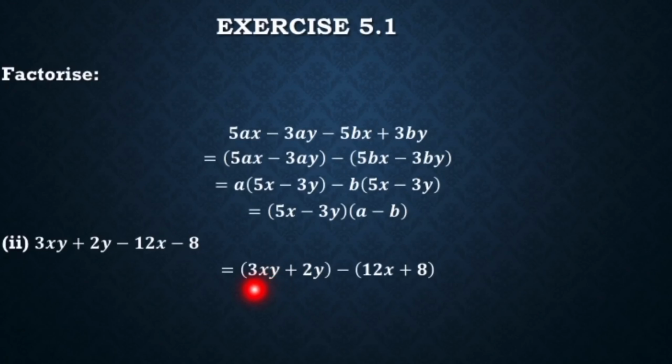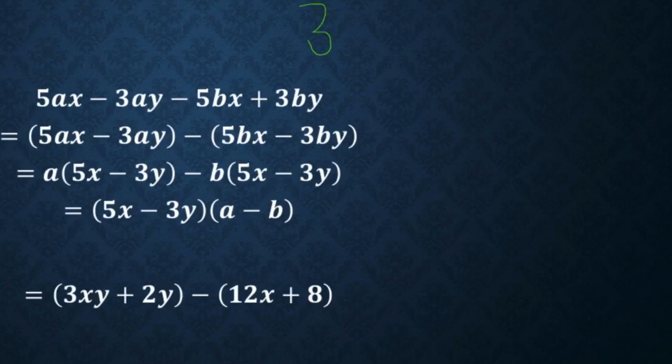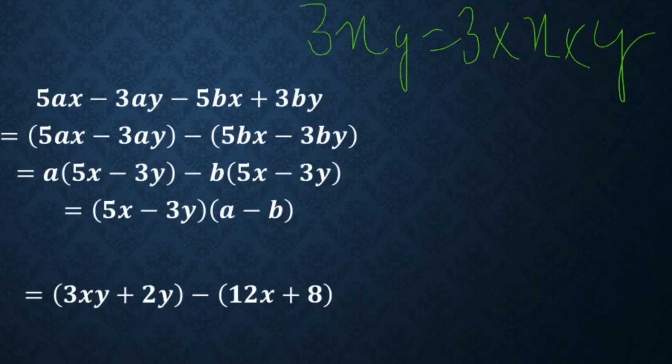The terms are 3xy and 2y. Students, now we will see what we can take common from 3xy plus 2y. The factors of 3xy are 3 multiplied by x multiplied by y, and the factors of 2y are 2 multiplied by y.